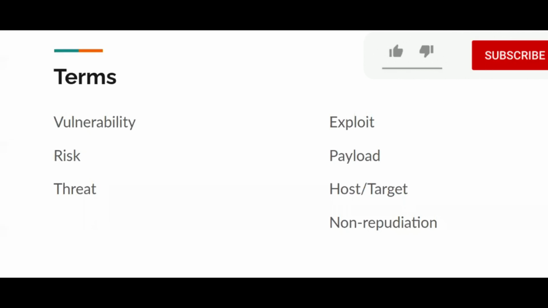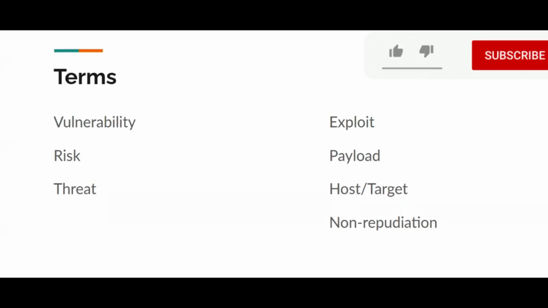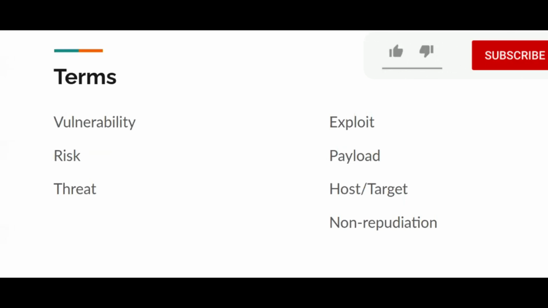Once an exploit is used, hackers use a payload so that they can remain in a system and quietly exfiltrate the information out of it, or disrupt some services, or destroy data which is of some value to the owner of the system. The host or target term relates to the system which is under attack and which is being exploited.